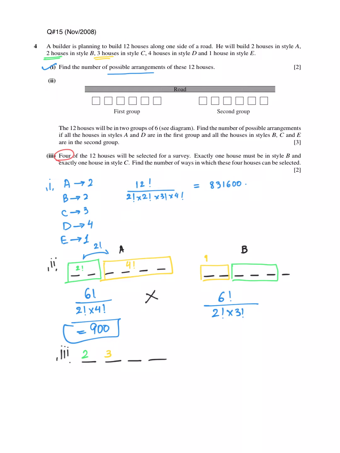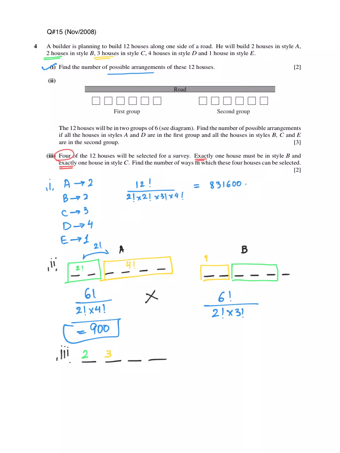The question clearly indicates exactly one house. Exactly means that if you pick one of the two houses in style B, the other is eliminated. We have three houses in style C, and we have picked one, so we cannot pick the other two.